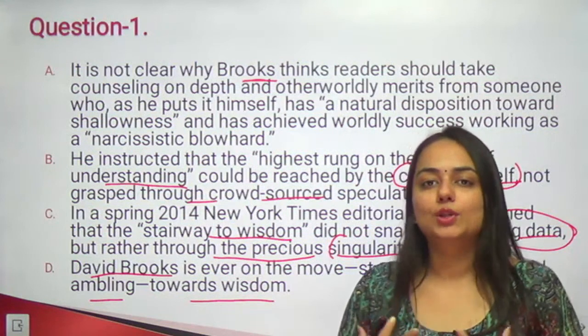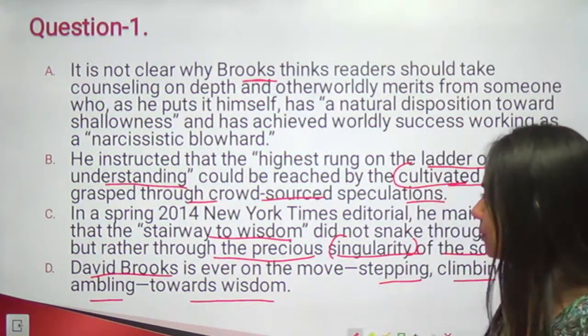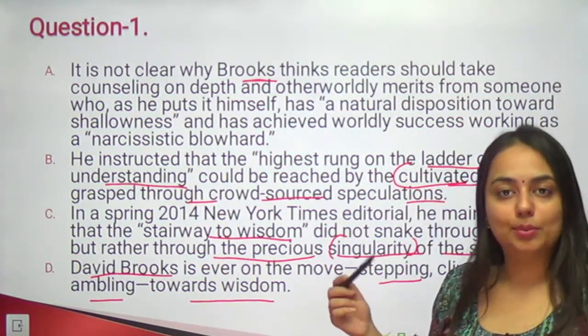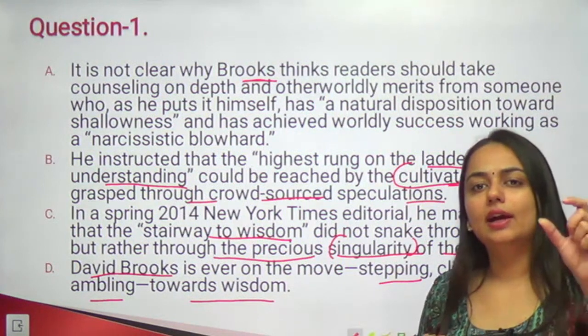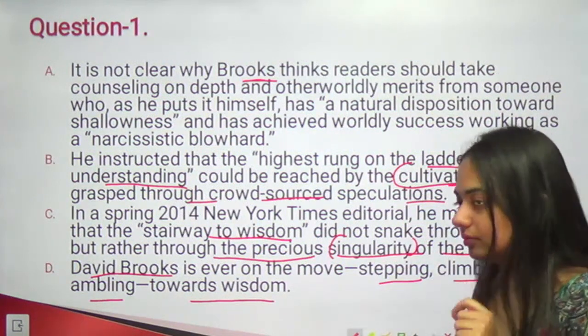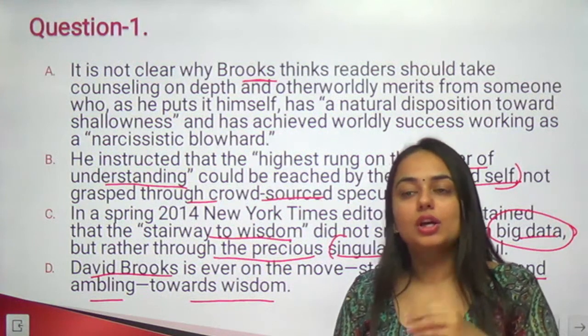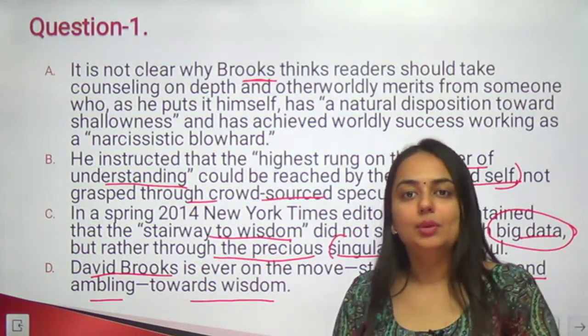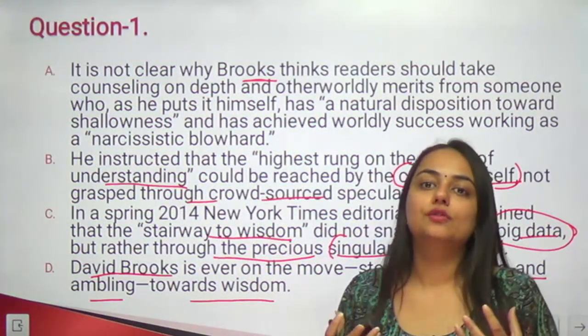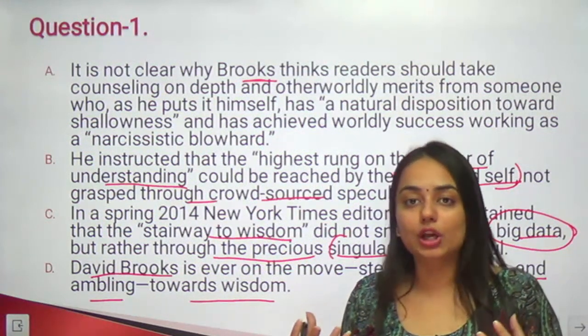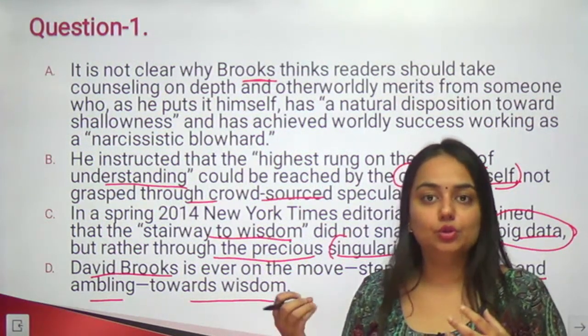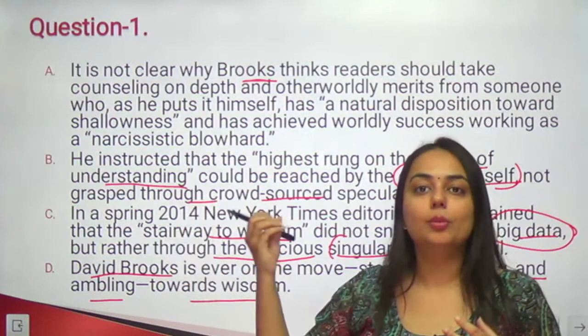Then he goes on to explain or give his perception, which is presented in the B and C. Look at the type of word he's been using. Yes, he has talked about looking into your own soul, but he hasn't used very negative words or words with negative connotation for the people, those who look or seek wisdom from other people.